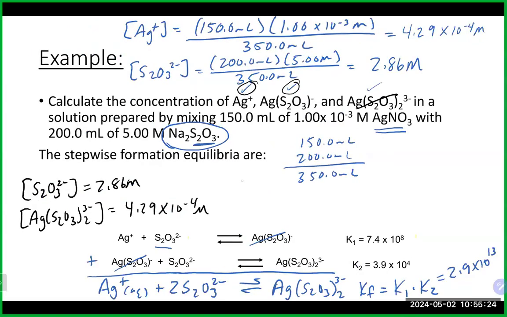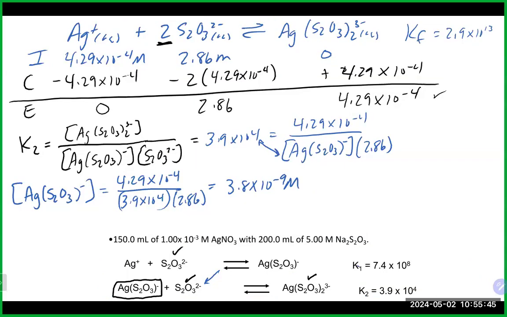So I now have the concentration of this species, which was 3.8 times 10 to the minus 9. Now that I have this done, all that's left is silver. What I could do now is go to the first reaction, because I just solved for this one, which means the only thing missing from the first reaction is the silver.